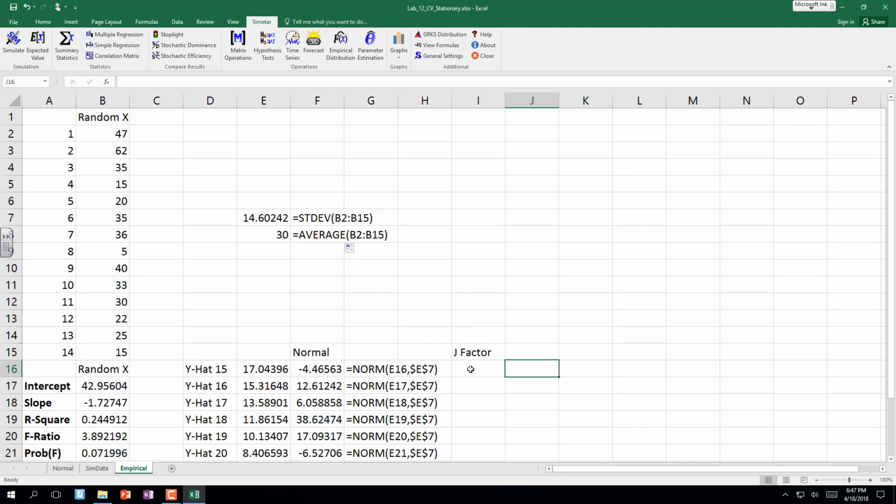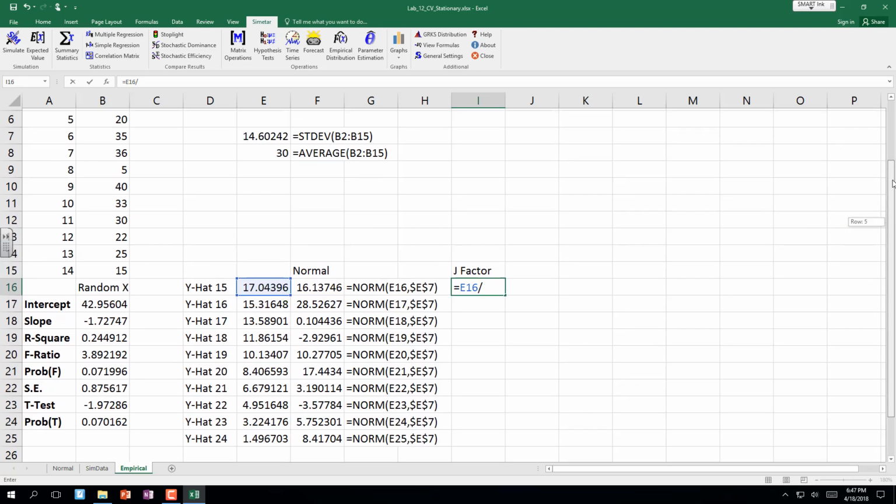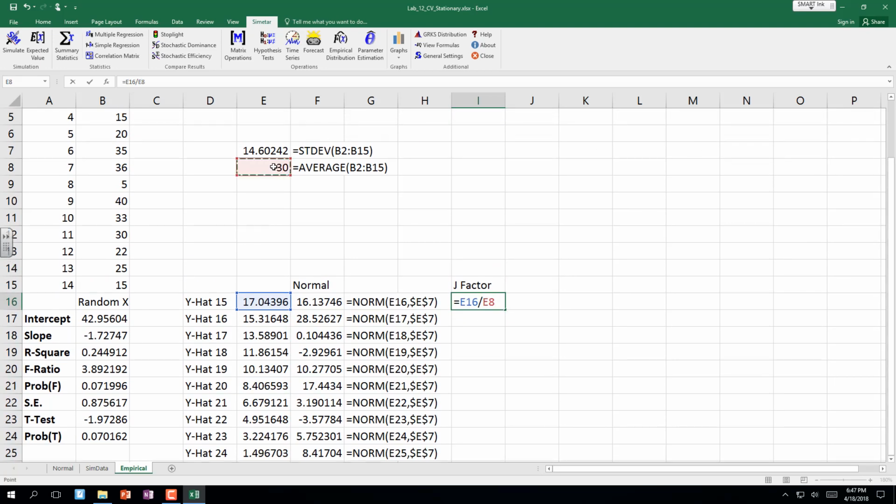Now this J factor, the formula is equal to the y hat, or forecasted value, divided by that historical mean. That animal right there.